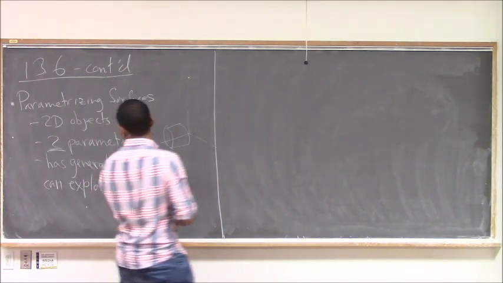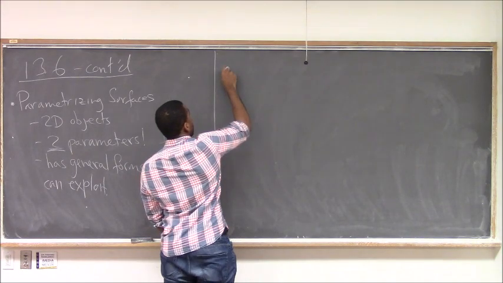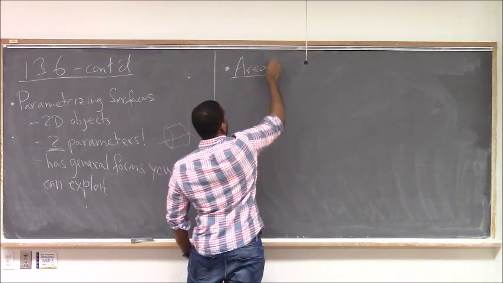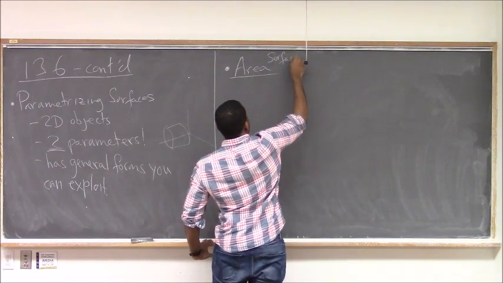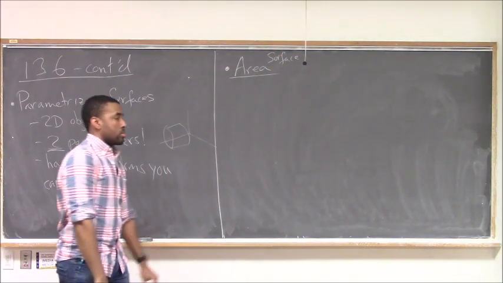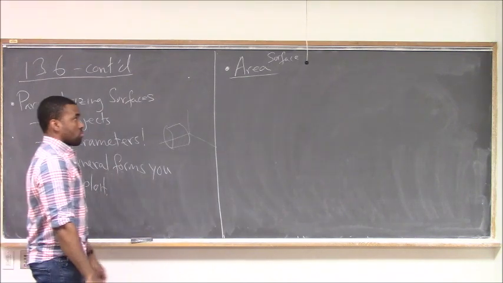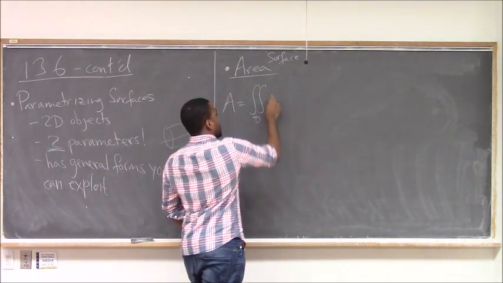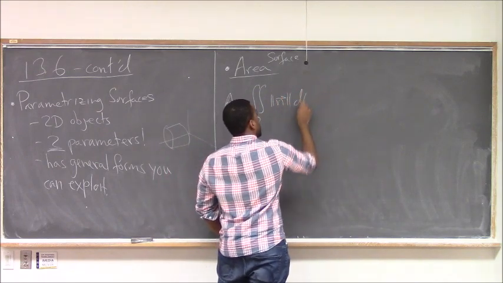We also derived an area formula for computing surface area. And what was that? Well, that was the form we had before: the magnitude of the normal, dA.